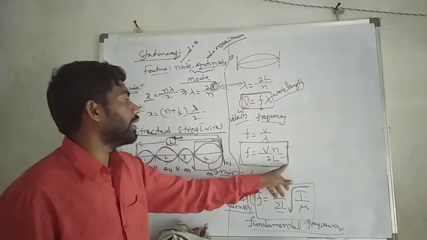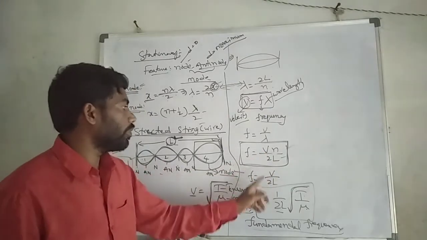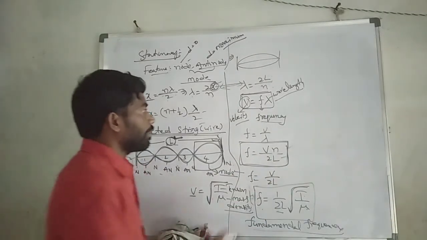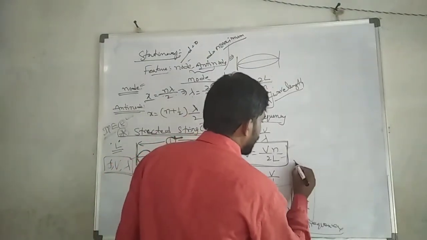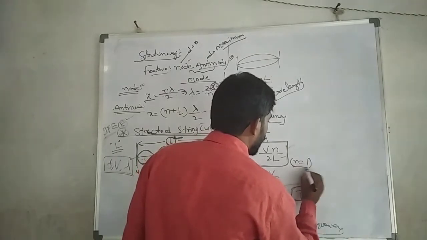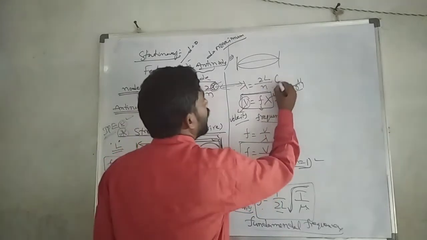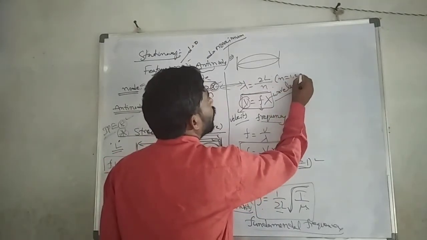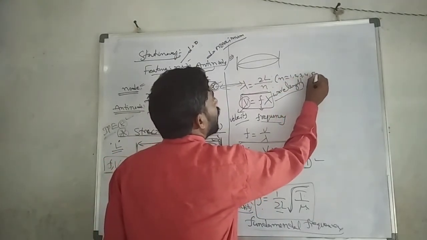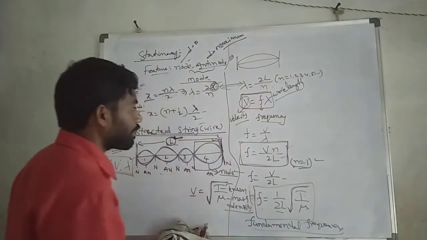So we get this equation, and from this we write it like this. Taking n equal to 1, you get this one. In this case n equals 1, 2, 3, 4, 5, up to infinity.